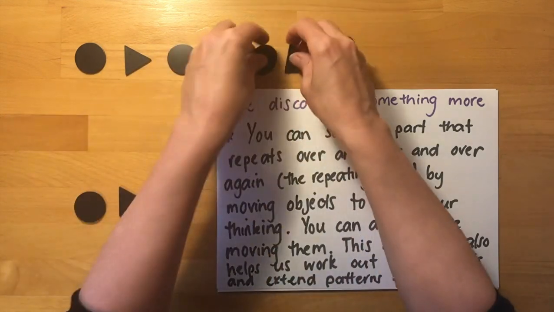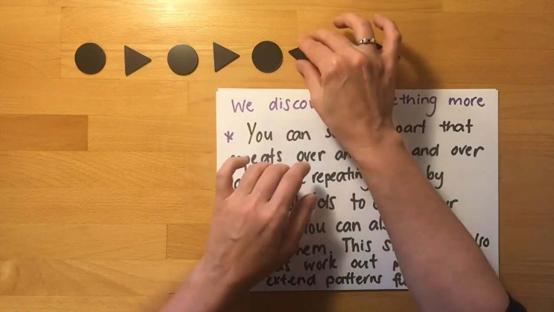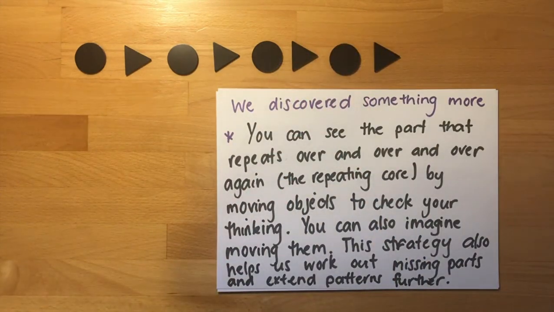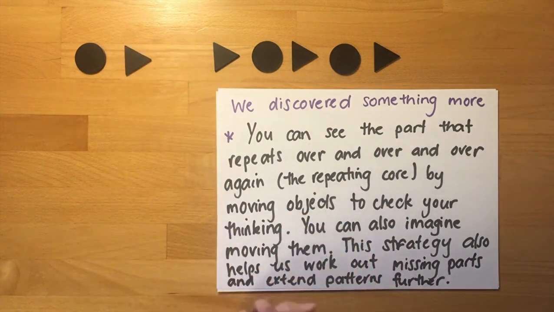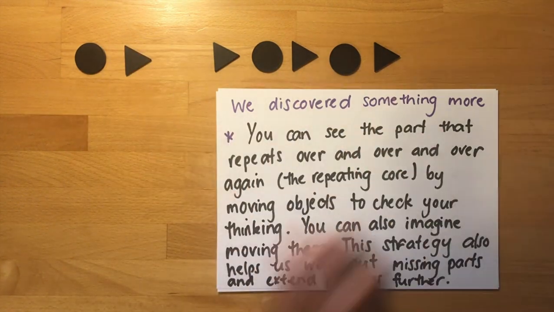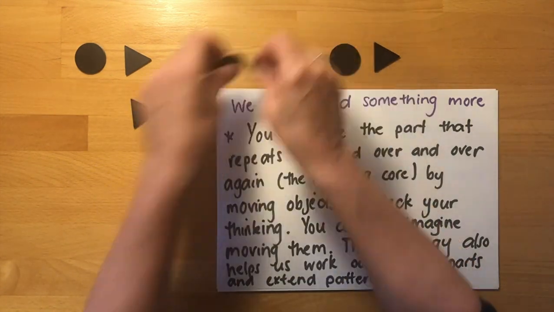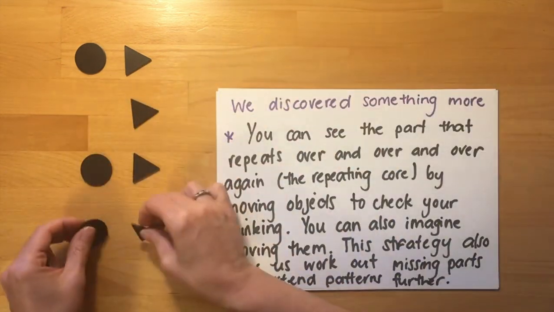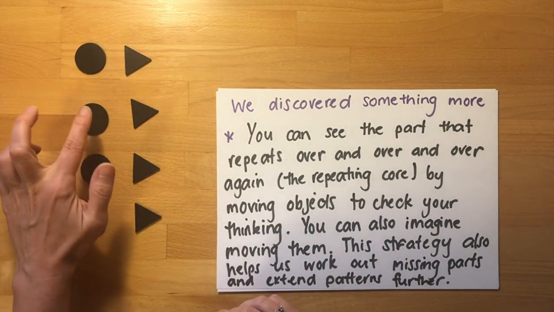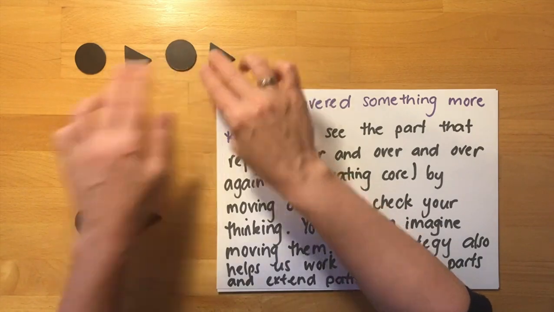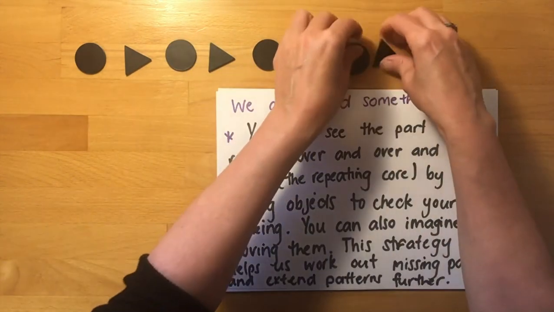And this strategy of moving the objects around, either by physically moving them or imagining that they're moving in our brains, also helps us work out things like, what part or element of my pattern is now missing? Because if we move these things down, that's right, we can see that the circle belongs here in order for us to have a pattern that has a core that repeats over and over and over.